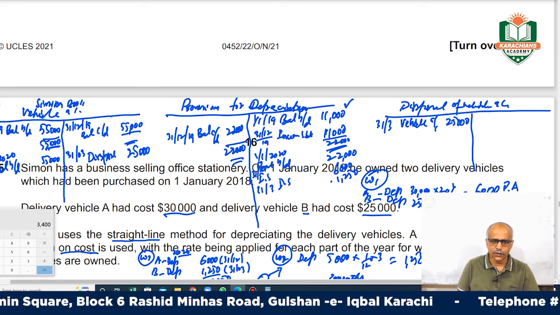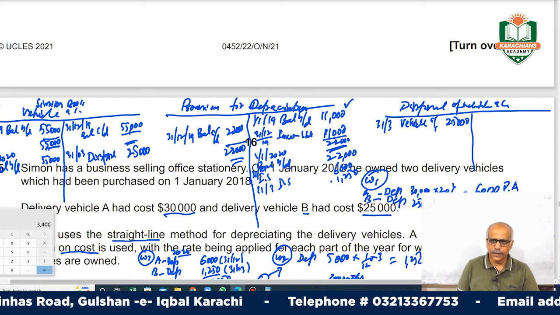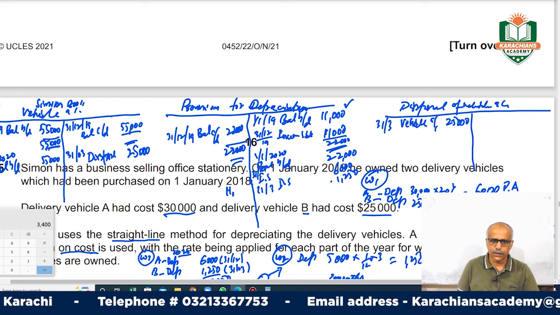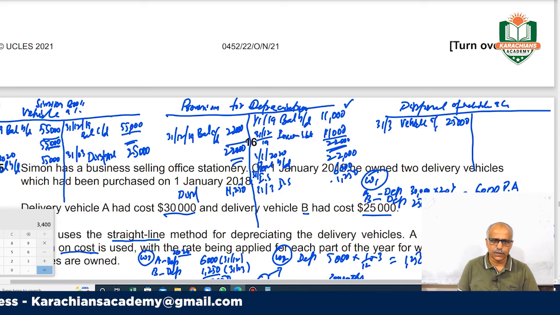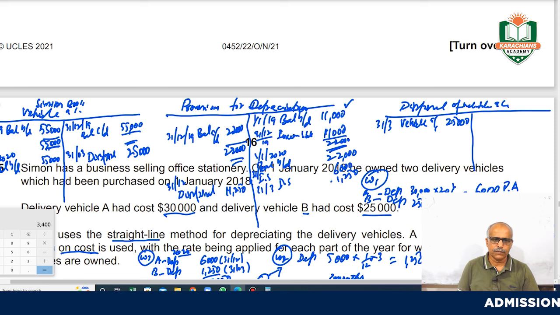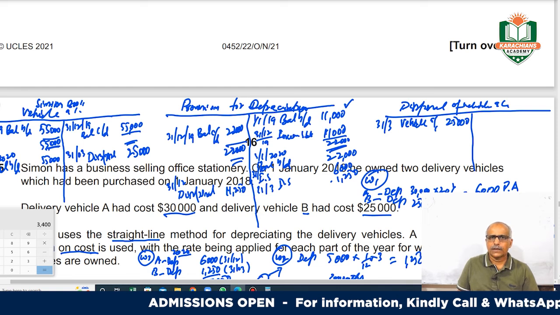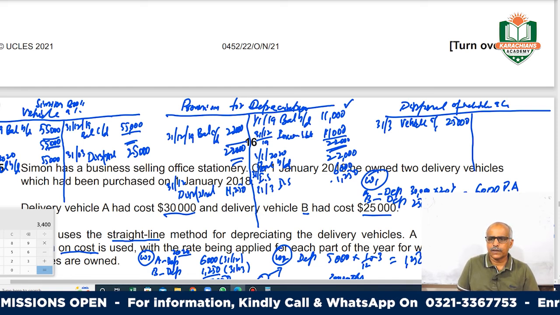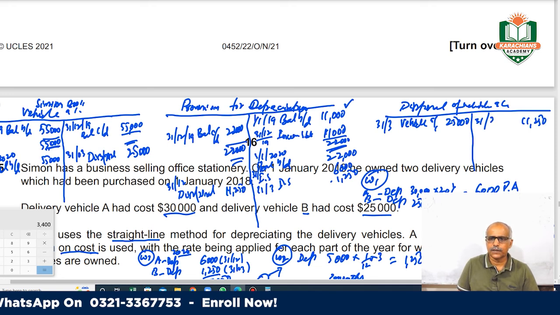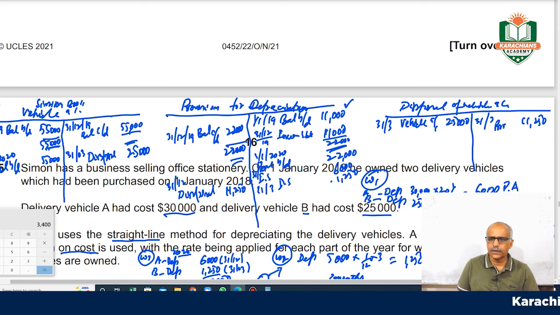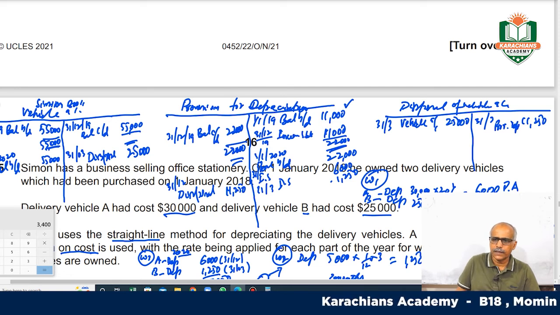Here you will debit the provision account on 31st of March and you will credit disposal account 11,250, okay, and it has come from provision for depreciation, right?